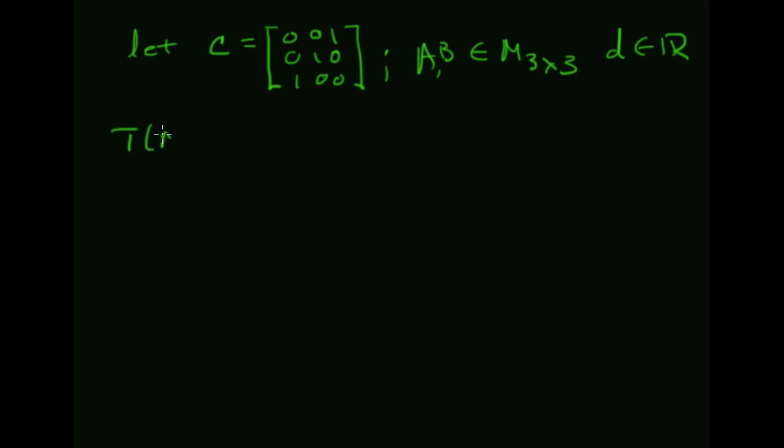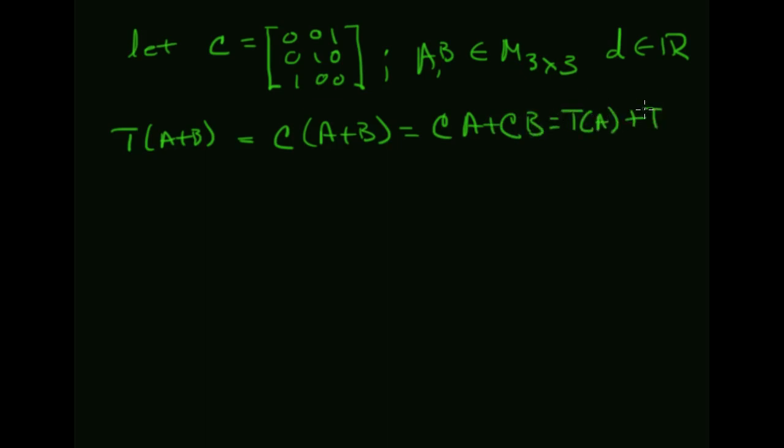Let's take the linear transformation of A plus B. That means I take C times the matrix A plus B, which is C times the matrix A plus C times the matrix B, which is the linear transformation of A plus the linear transformation of B. This holds under addition.